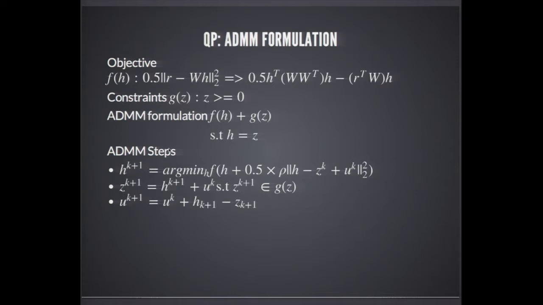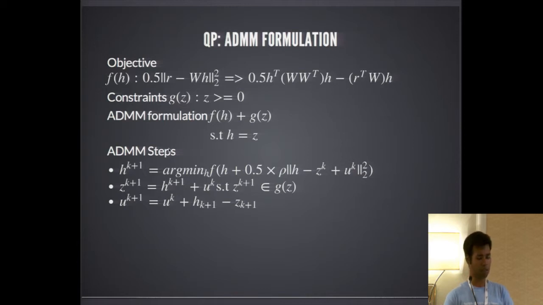So the first one is the quadratic programming formulation written as ADMM. We know that the objective function, as you can see, is a standard quadratic programming. But in this, we are trying to take the constraints. In this particular slide, I am giving a very simple constraint, which is just positivity.